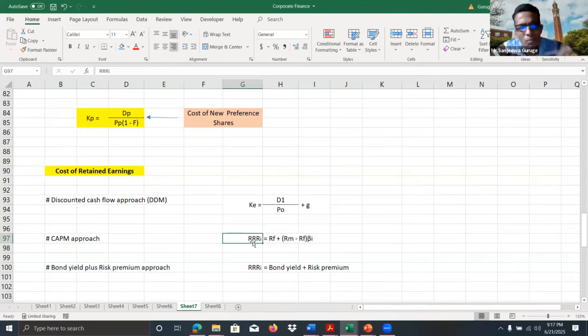Because we know CAPM is a single factor model, but after that, there were many multi-factor asset pricing models, right? So you know the Fama-French 3-factor model, Fama-French 5-factor model, Carhart 4-factor model, arbitrage pricing model, right? But the basis used in CAPM has not been rejected.